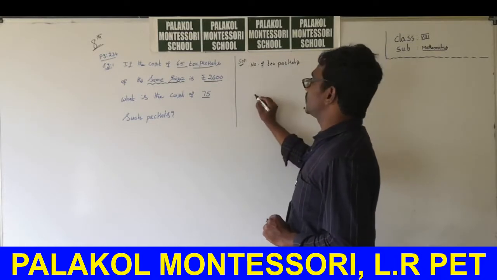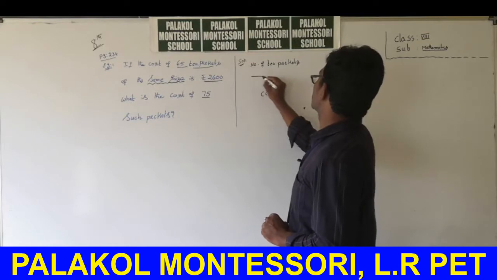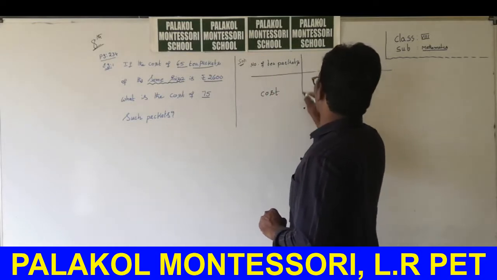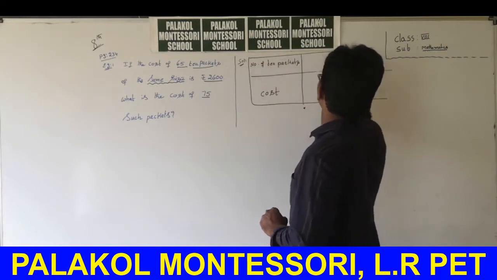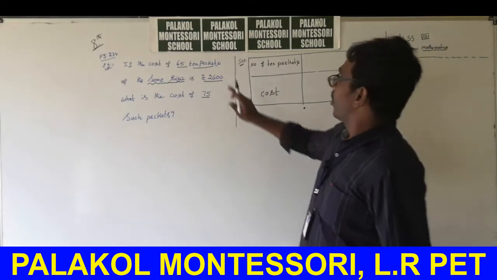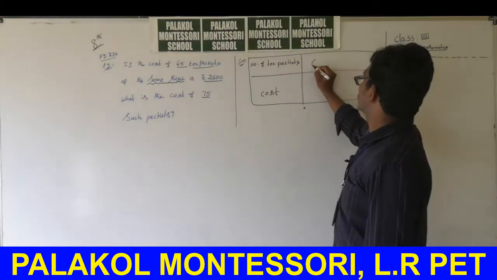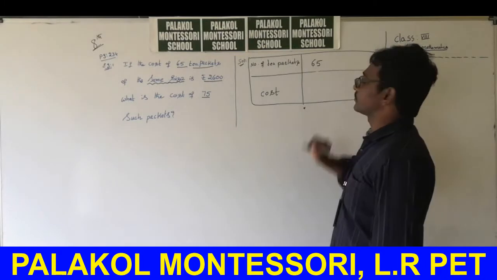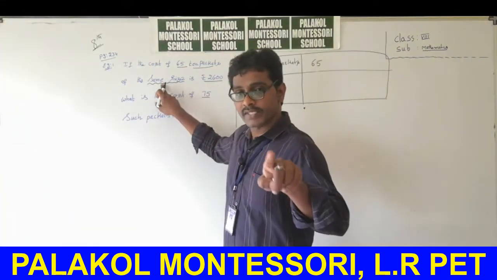Okay. Next one, cost. Guys, see, I frame one table. According to the question, how many packets are first given? 65 packets. The 65 tea packets are the same size.